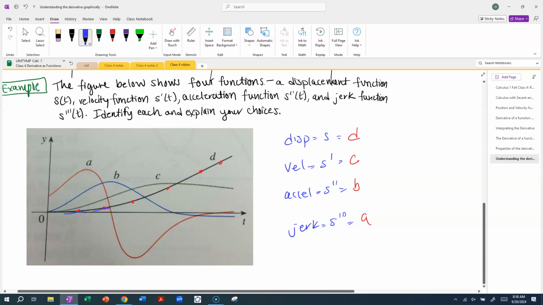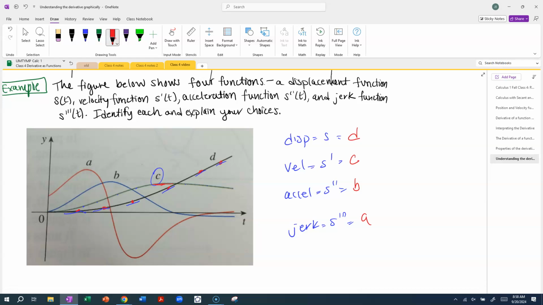So positive, positive, positive, positive, they're all positive, except maybe here it starts to become less positive. And so that's going to give us graph C. And then again, take points. It's going to be positive, and then here it starts to flatten out-ish, and then maybe dip a little negative, so that's where we get B, and then A follows from that.